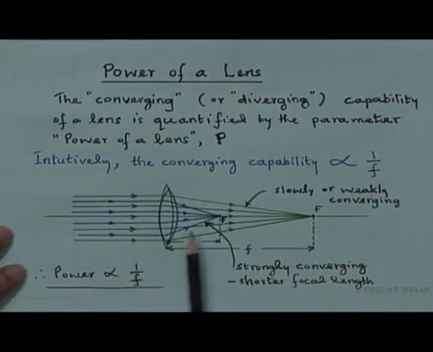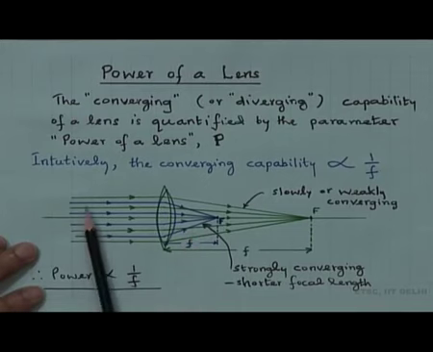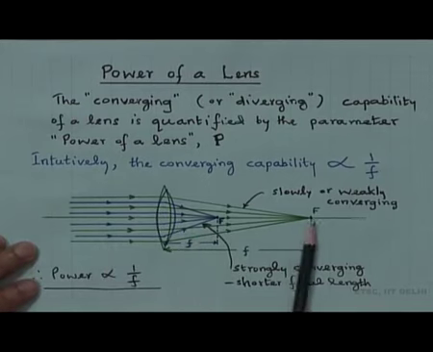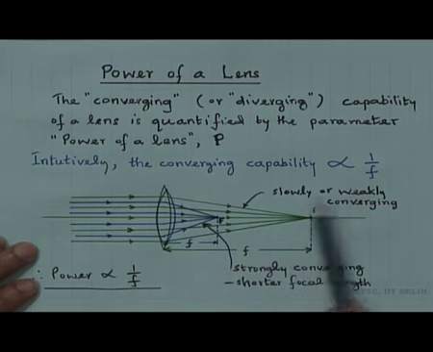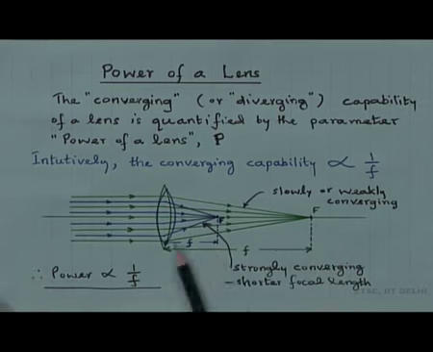Intuitively, what I have shown in this diagram is that the green colored rays focus to a point F here. It's a thinner lens with a larger focal length. Then it is converging weakly. The focusing is happening slowly with distance, not in time.